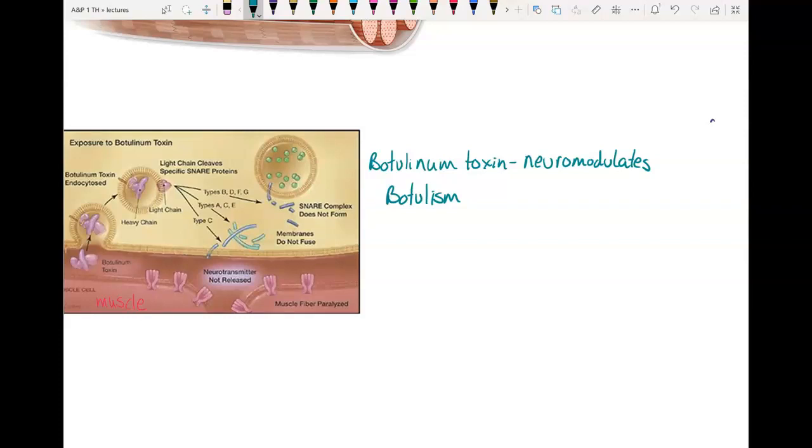The reason for that is before we got better technology like we have today, you could get botulism in your canned food, and it was a type of food poisoning. So botulism, first of all, it comes from a bacteria, and this bacteria tends to want to grow in canned foods.